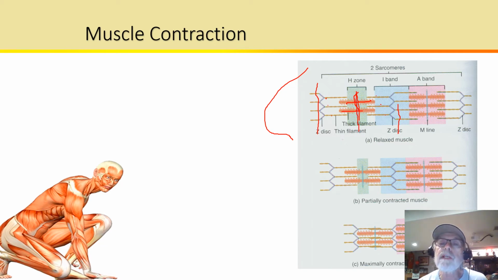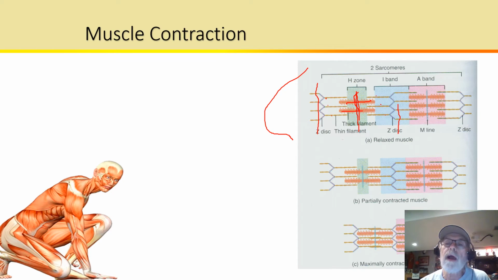These little paddles on the side of the myosin are prevented from interacting with the actin because of the troponin and the tropomyosin, which is attached to the actin filament. However, when the nerve, the sarcolemma, like I mentioned before, is stimulated, it causes calcium to be released into the sarcoplasm, or the cytoplasm of the muscle cell, which then breaks the lack of adhesion, or allows the myosin to interact with the actin.